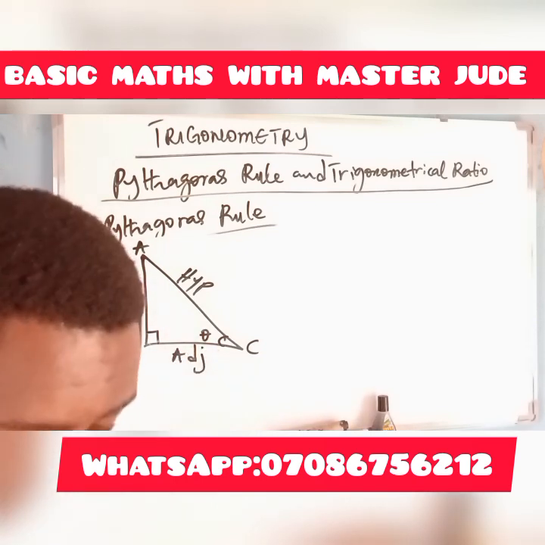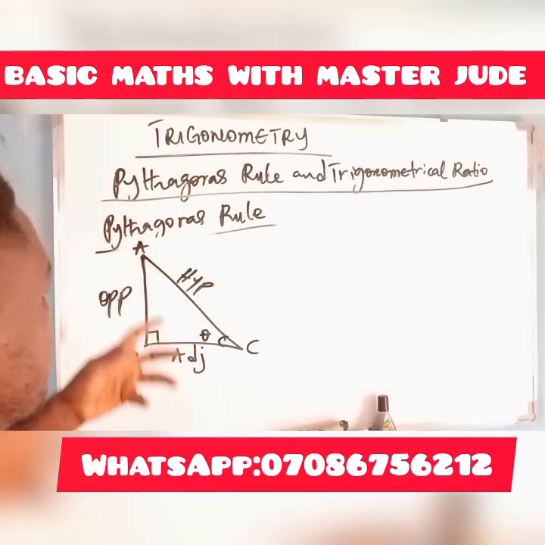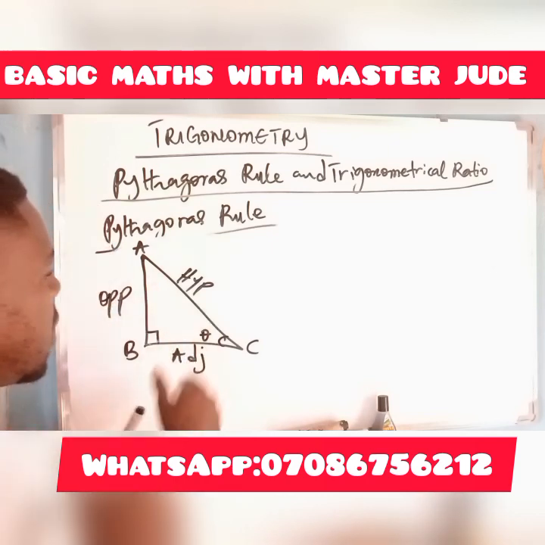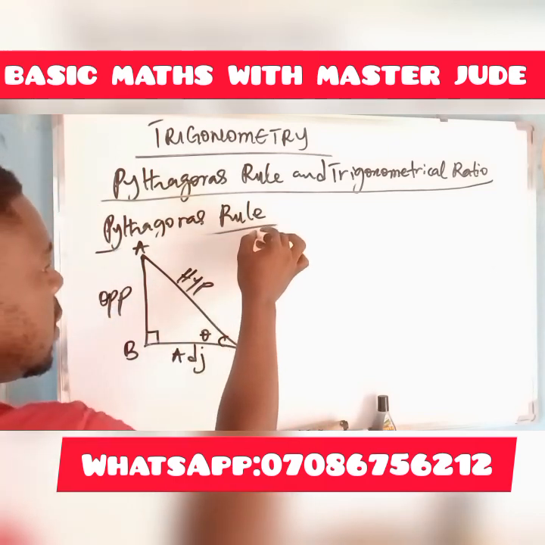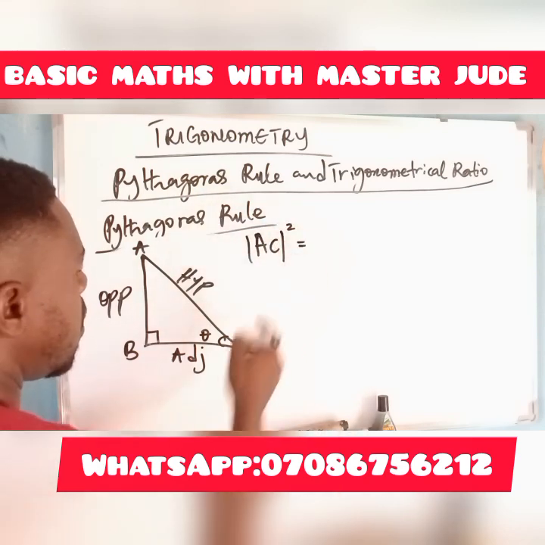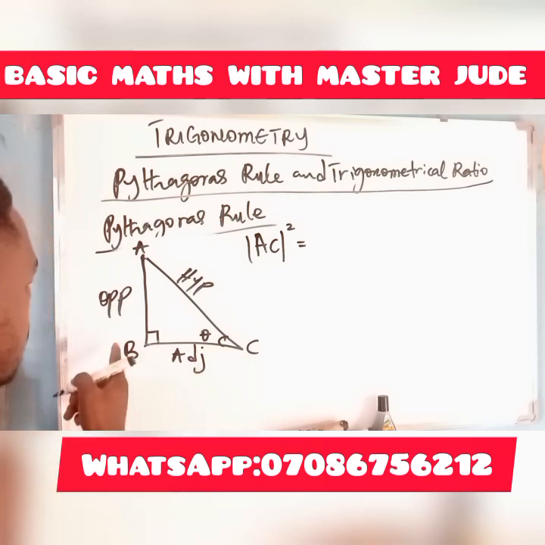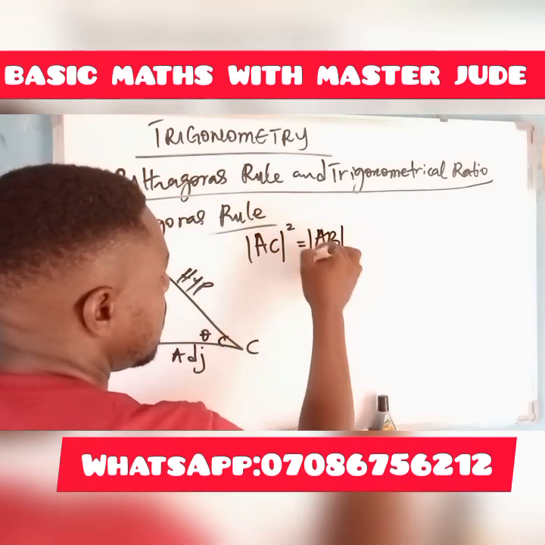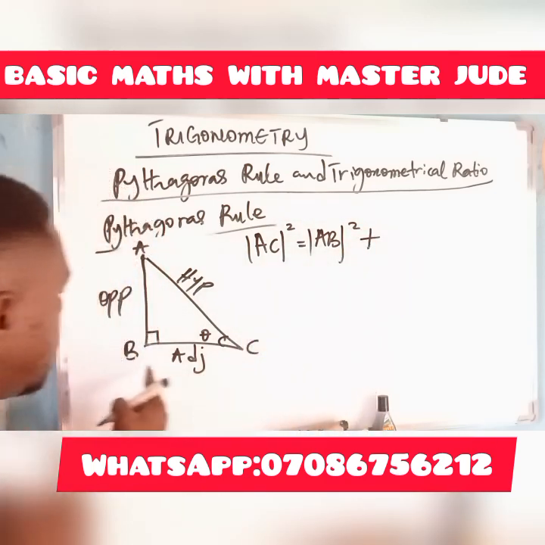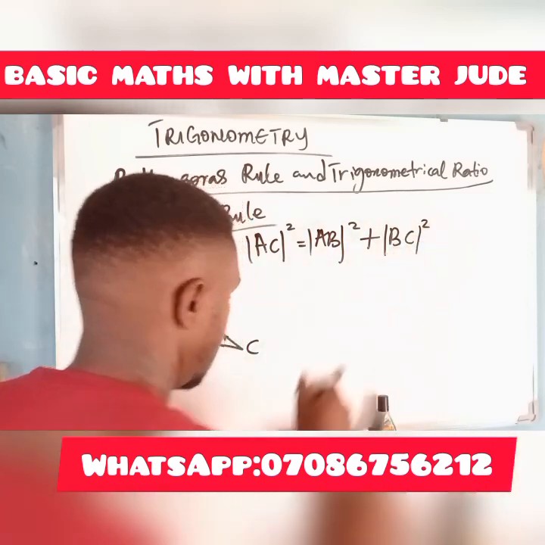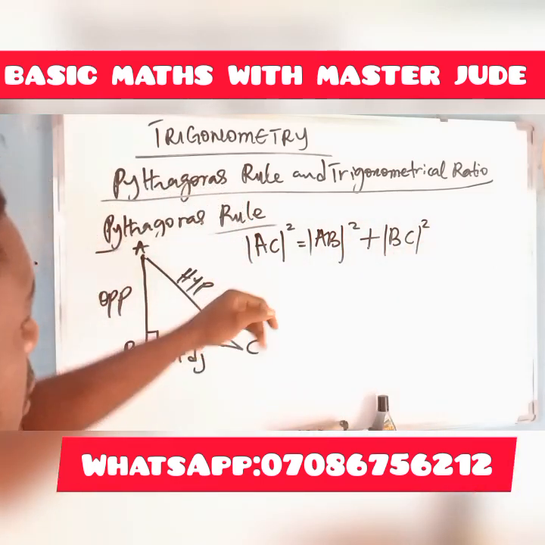Now the Pythagoras rule says that the square of the hypotenuse side, that is AC square, is equal to the sum of AB, which is the opposite, AB square, plus BC, which is the adjacent, BC square. This is the rule.